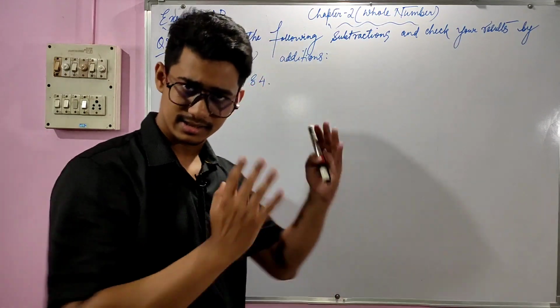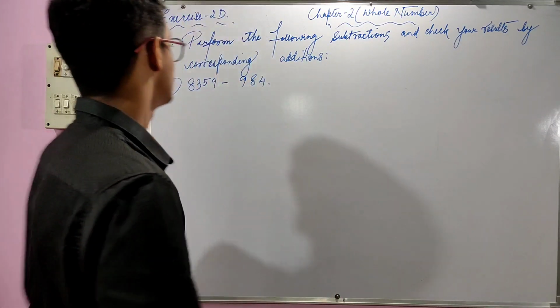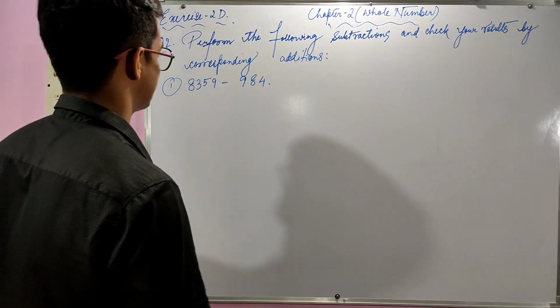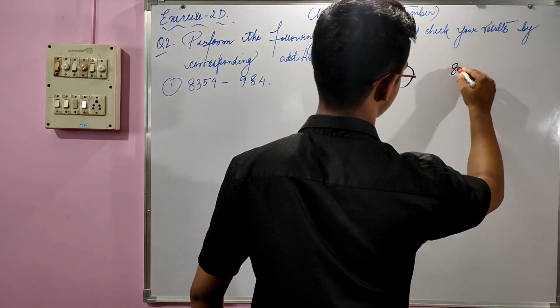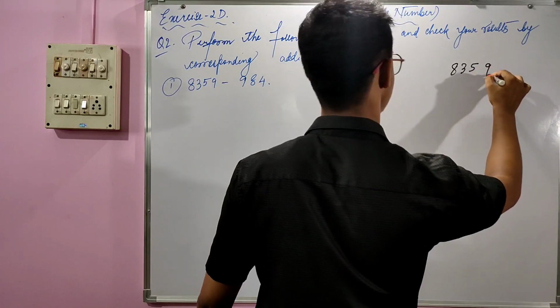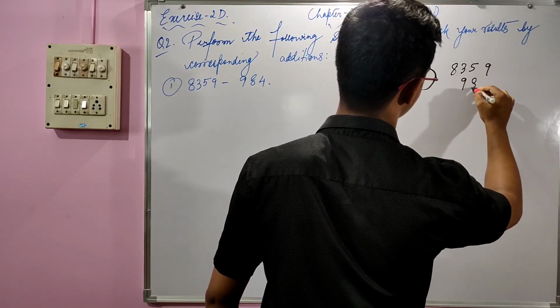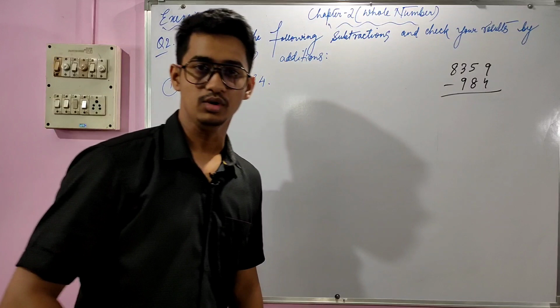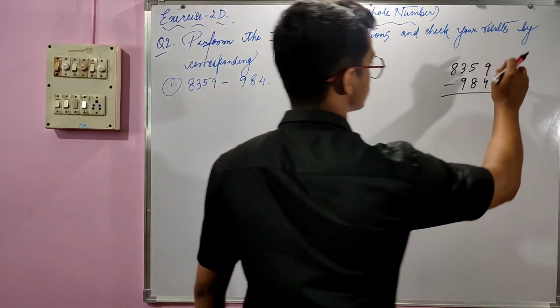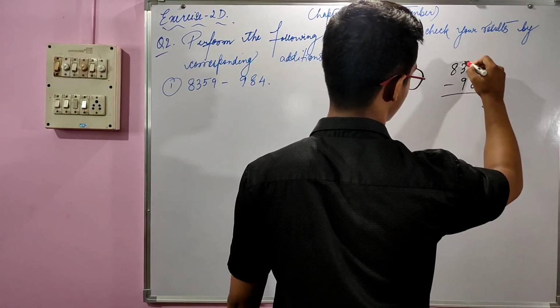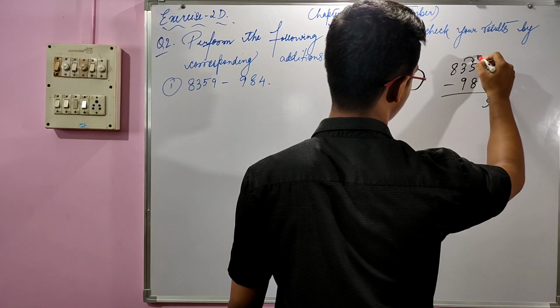So what I am saying, just focus on the board. 8359 minus 984. So that is the question where we have to subtract. So 9 minus 4 is 5, and 1 carry over here, so it will be 15.